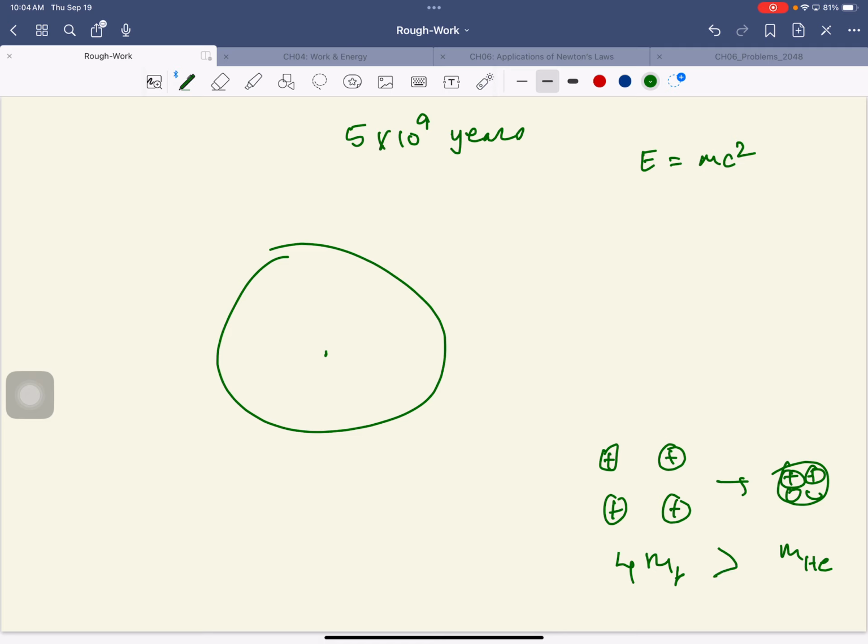So it took 4 protons, fused them together, and made helium, which weighs less. So what happened to the missing mass? That got converted to electromagnetic radiation eventually, and that came to us. So that's how the sun converts mass to energy via fusion reaction.